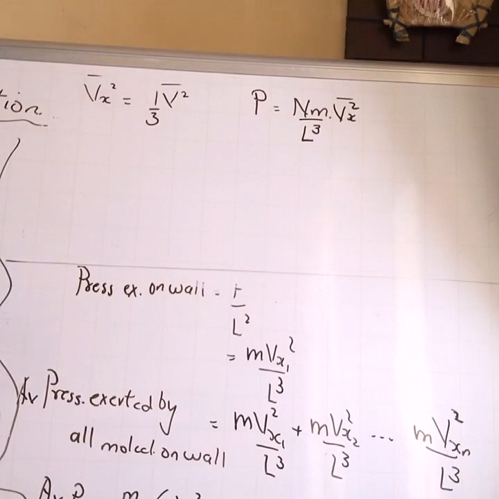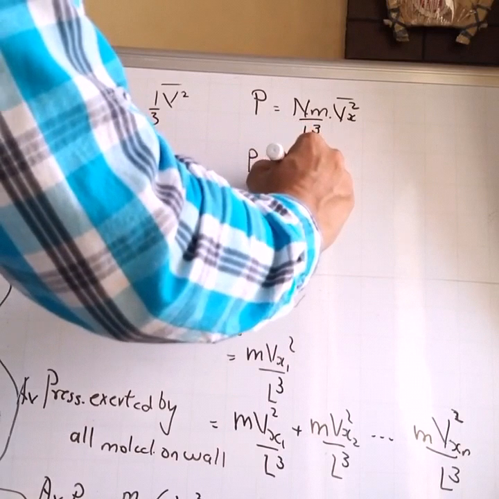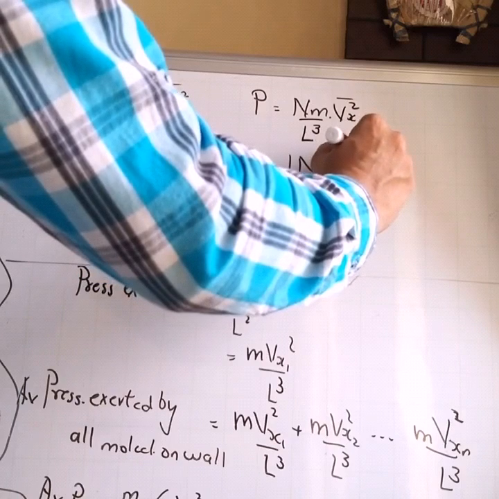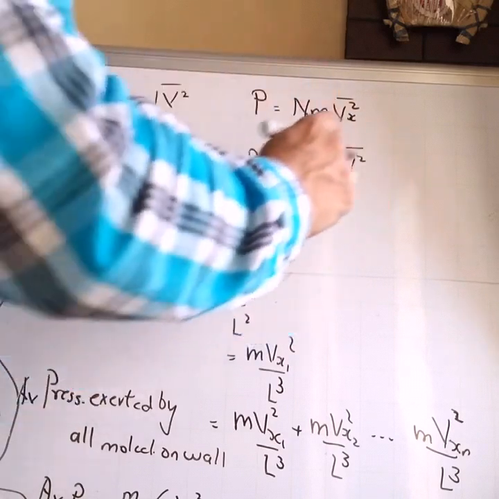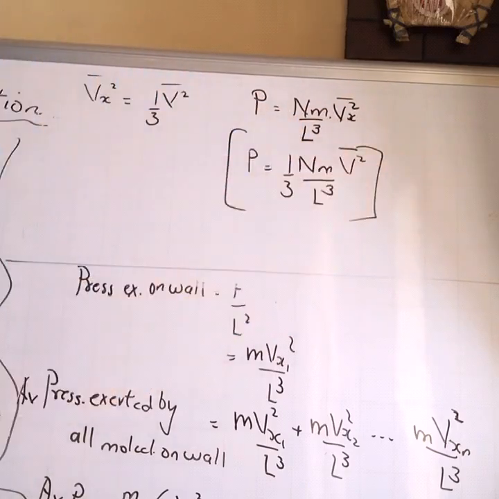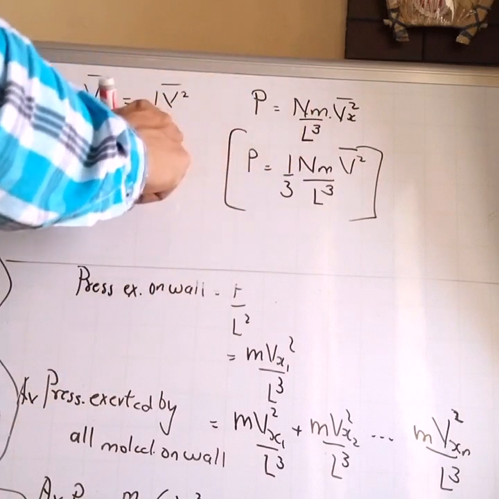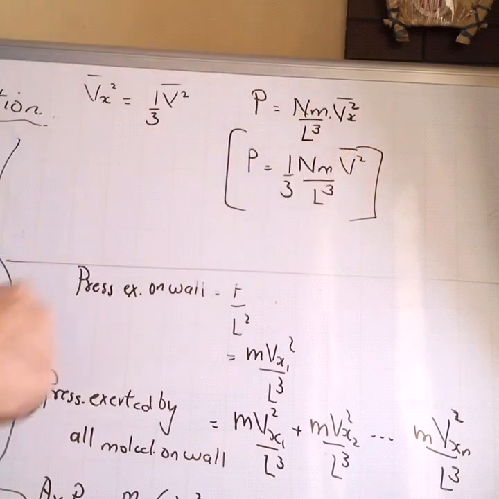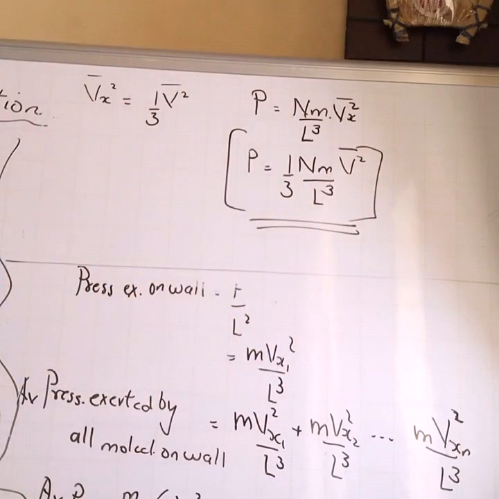Okay, when you substitute the value here, what do I get? P equal to 1 by 3 n m V square bar by L cube. Do you understand? I have put the value of Vx square bar in this formula. Okay, I get P equal to 1 by 3 nm V square bar upon L cube, and this is our final expression of pressure exerted by an ideal gas.